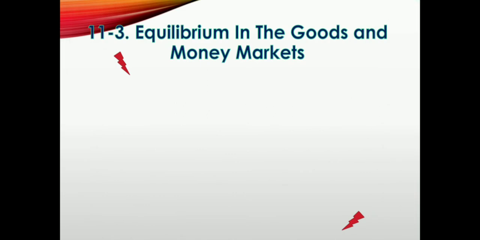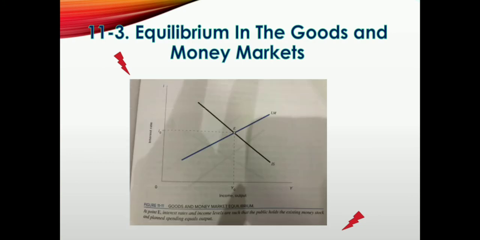Next, we're going to talk about equilibrium in the goods and money markets. This is going to be our graph now: the IS and LM. IS is goods and LM is money. E is the equilibrium. The IS and LM schedules summarize the conditions that have to be satisfied in order for the goods and money markets respectively to be in equilibrium.